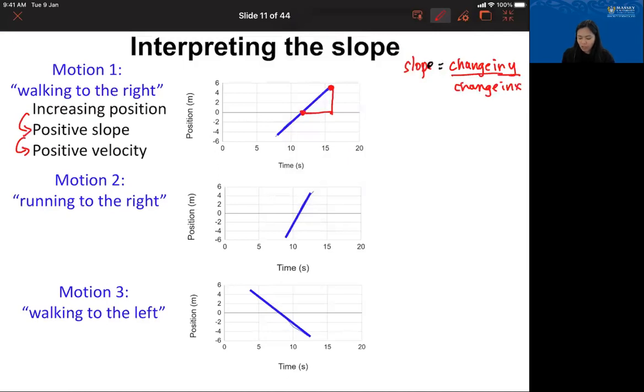And here in the second graph, you have a line that's also directed upwards. So with the same argument that we made for motion 1, this will also give you a positive slope. But you can see that the slope is steeper.